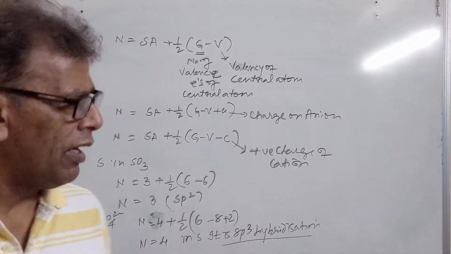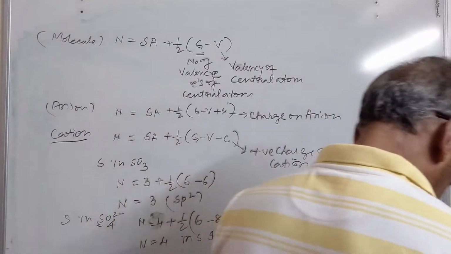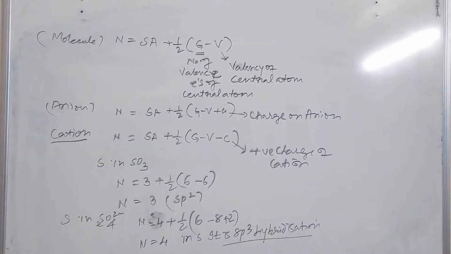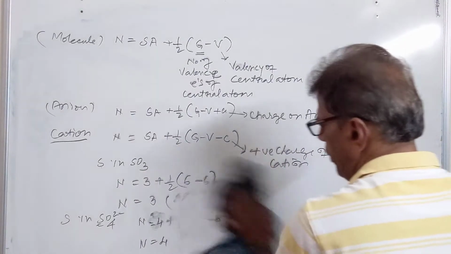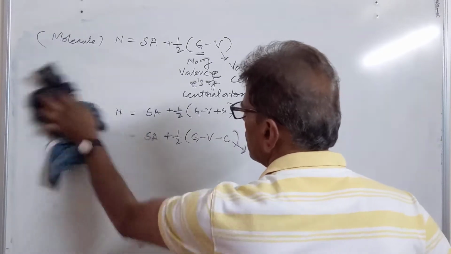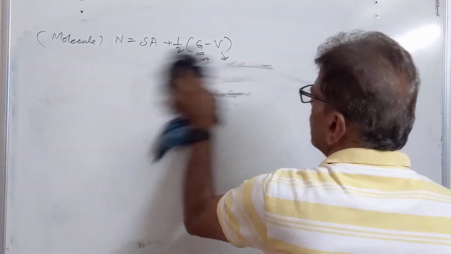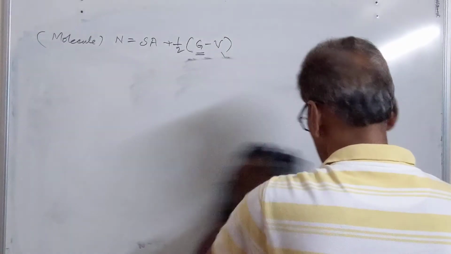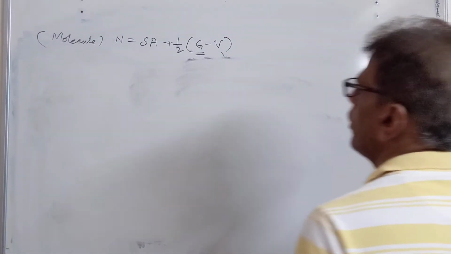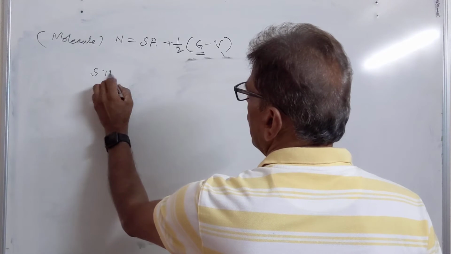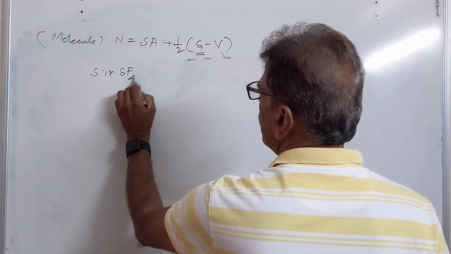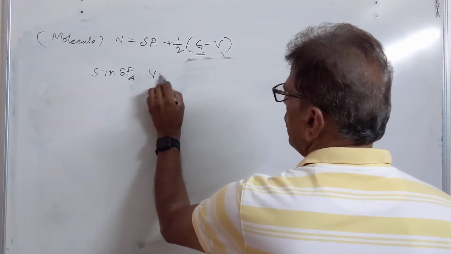Then we calculate the hybridization of sulfur in SF4. The value of n can be found out.